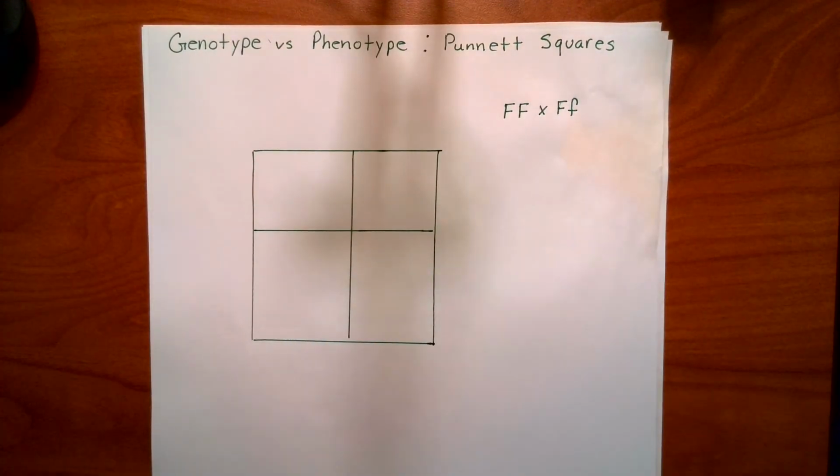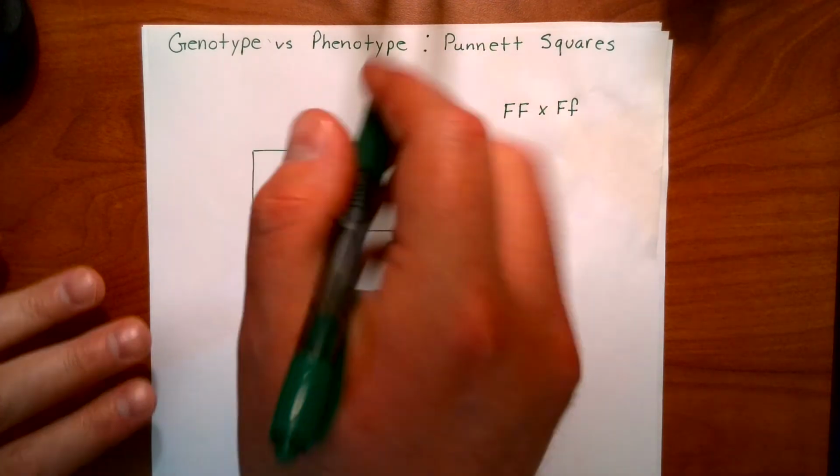And we use a Punnett square to see what could be the genetic possibilities for how those alleles segregate themselves in the new individual.